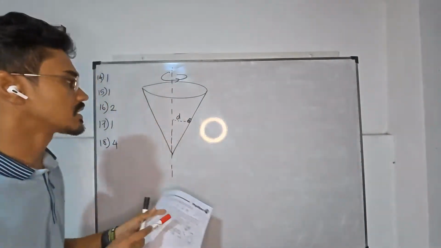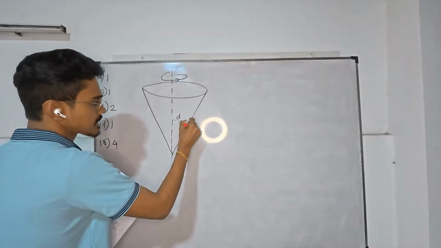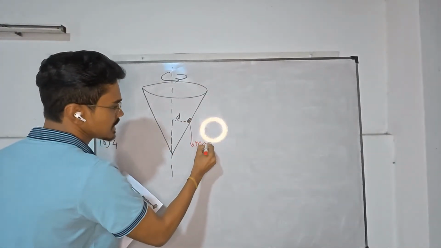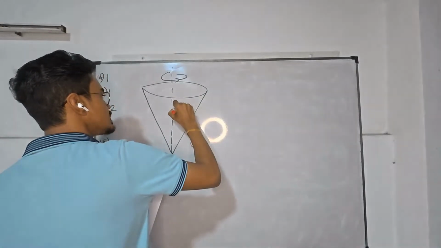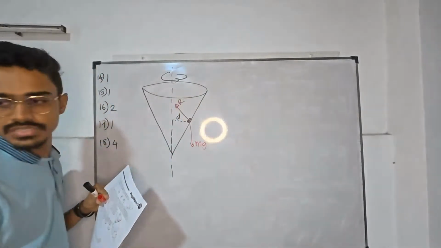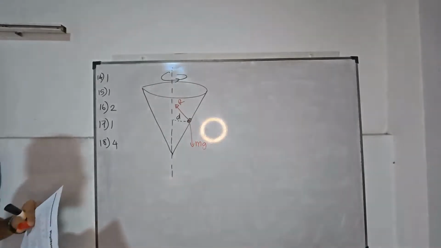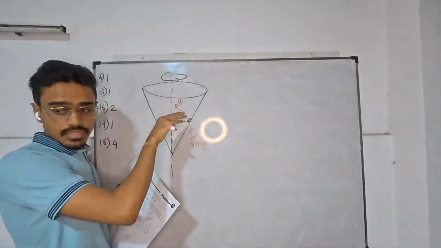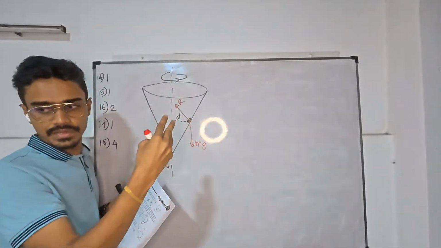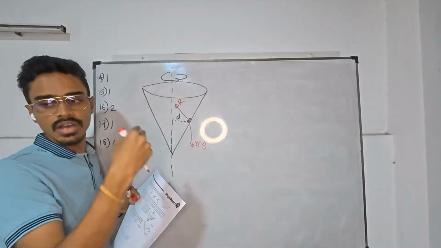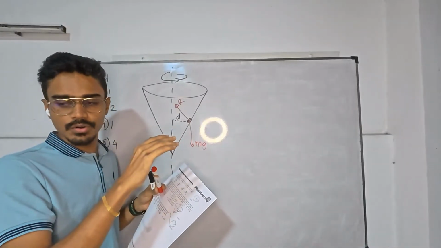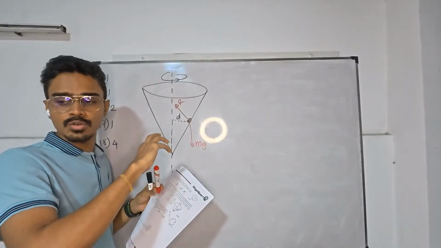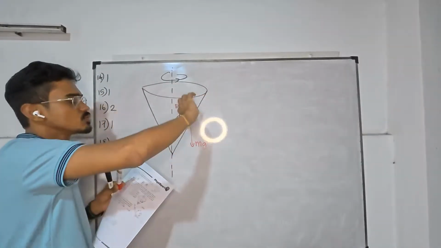First mark these forces: mg vertically downwards, and perpendicular to the surface, the reaction N. The higher the angular velocity, due to the impact of centrifugal force, the object tends to move away from the center.